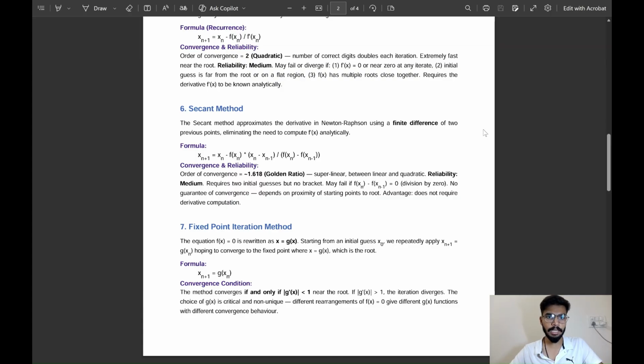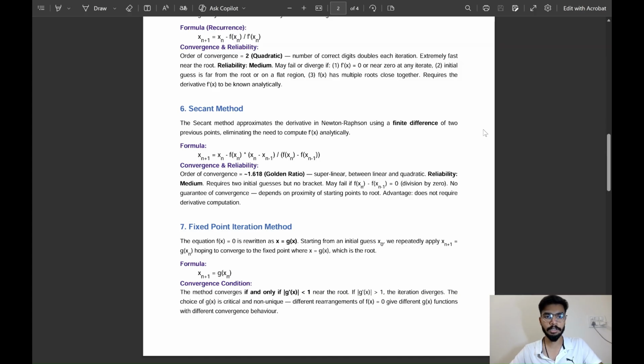It is x(n+1) = xn minus f(xn) into (xn minus x(n-1)), divided by f(xn) minus f(x(n-1)).